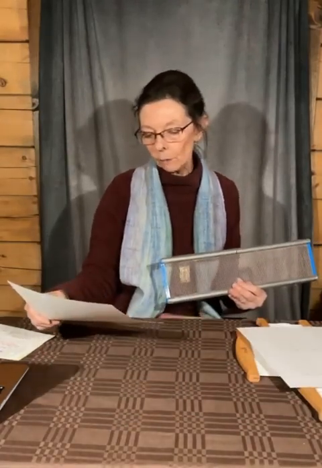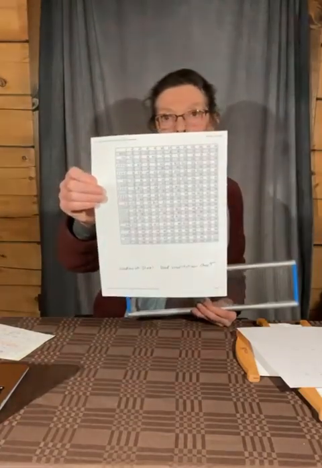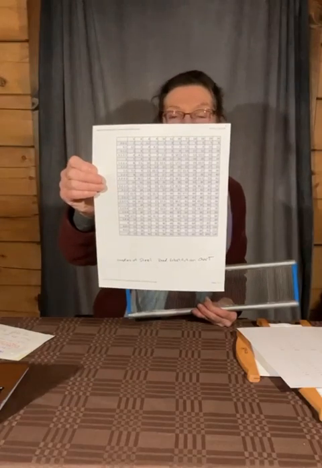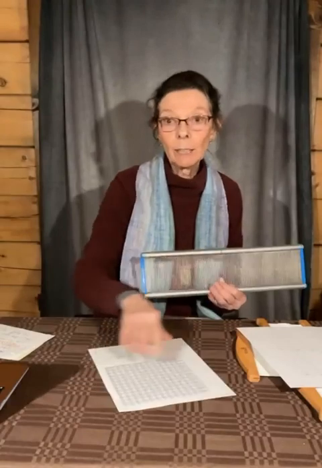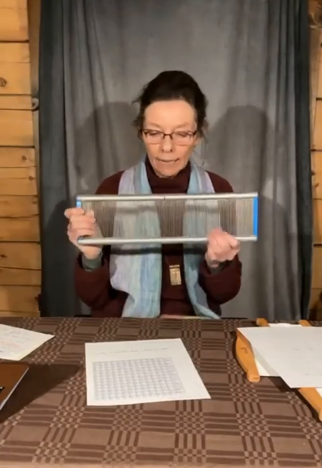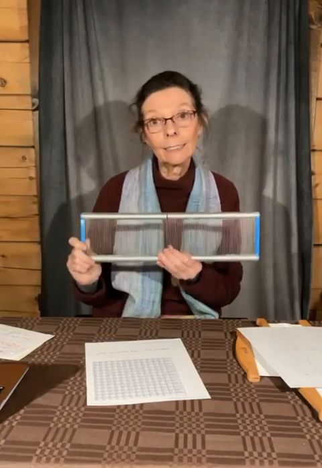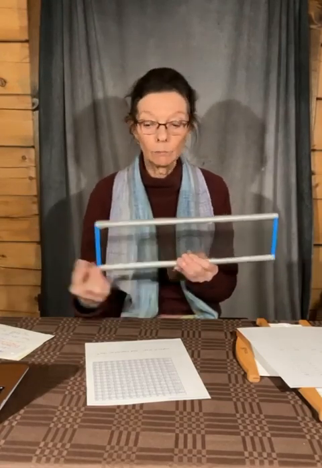Now this one came from Needles of Steel, and it's a reed substitution chart. I like this one because it has different shading for each line. What the heck is a reed substitution chart? Well, I do explain that other times, but right now I have this one. Let me make sure this is an 8 dent. If I put my ruler down, there's 8 slots for an inch.